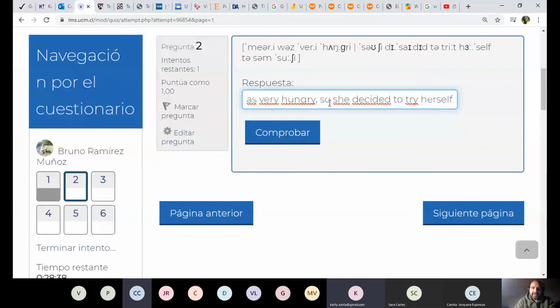How do you spell treat? T-R-E, A-T, all right.